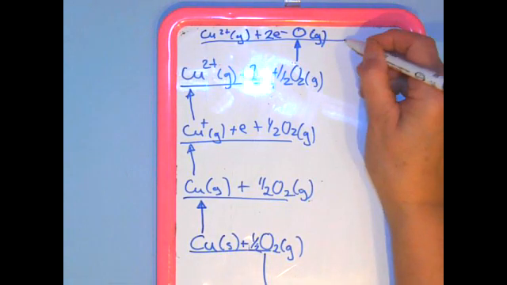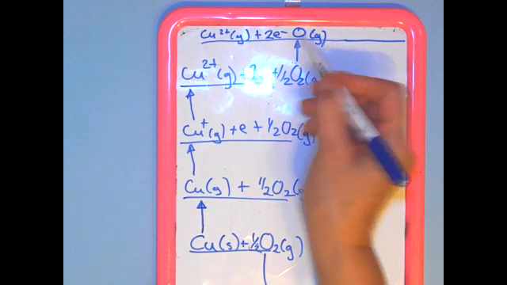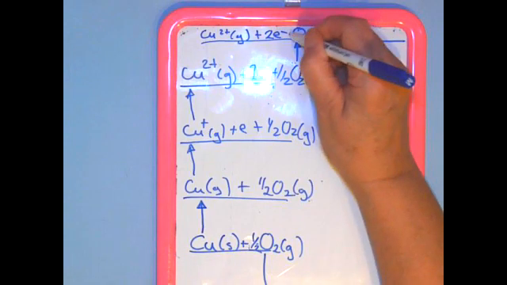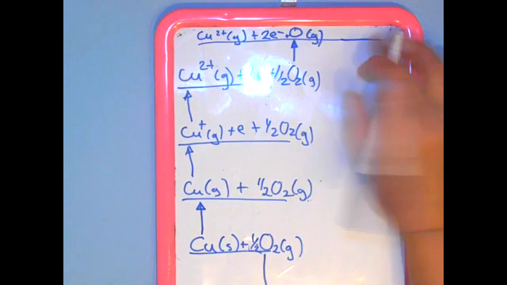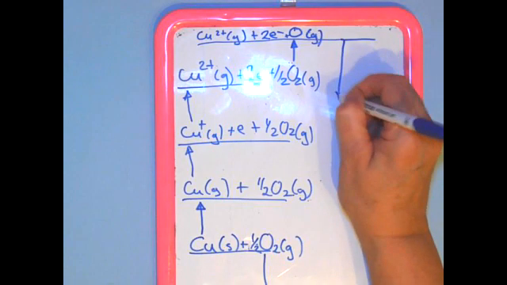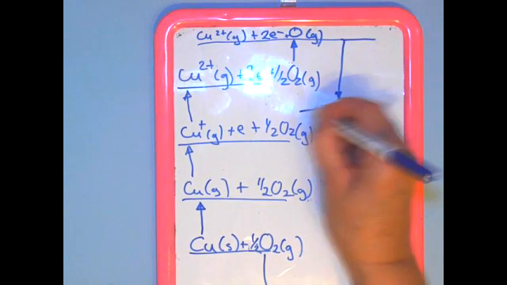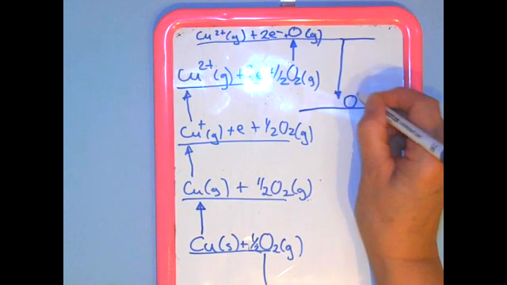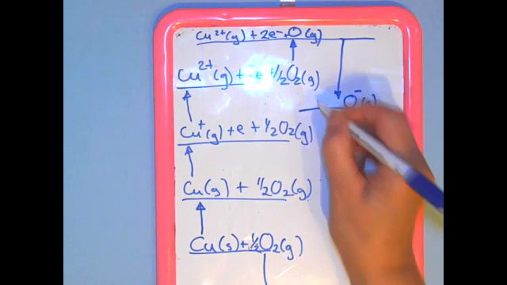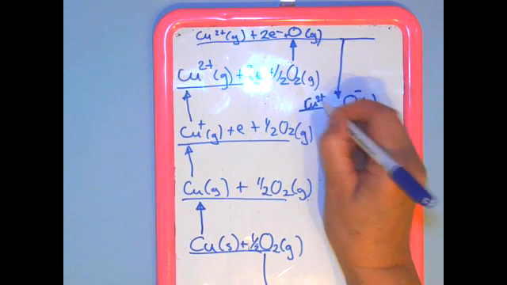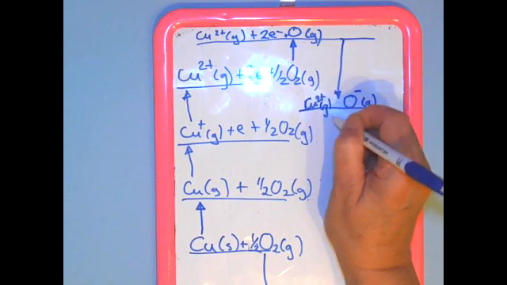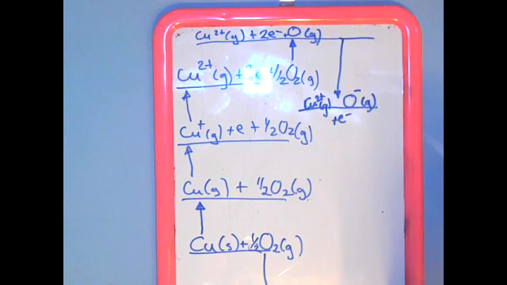Okay, so the next thing that's going to happen is this oxygen is going to pick up these electrons. So the first ionization of oxygen, let's go here. So this is the first ionization of oxygen. O- as a gas. So I've still got Cu2+ as a gas, and I've still got an electron.